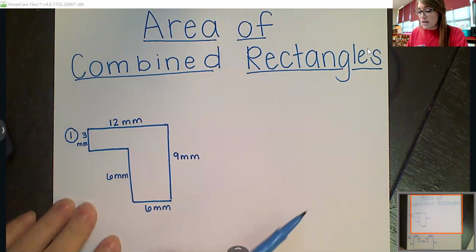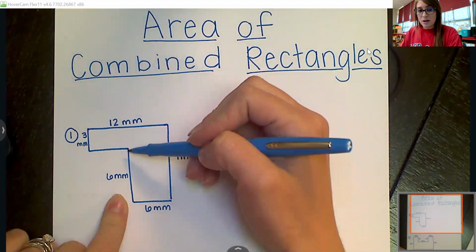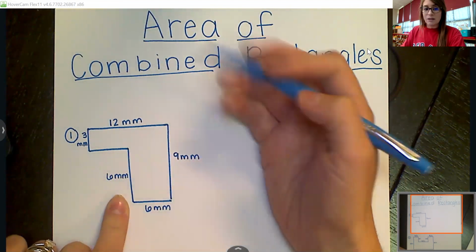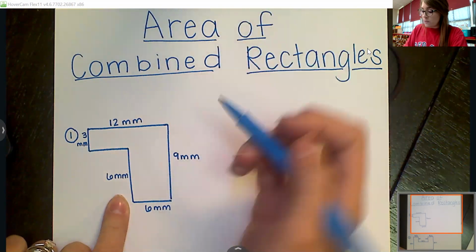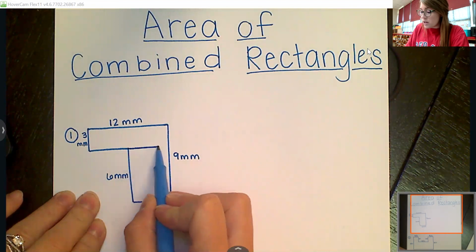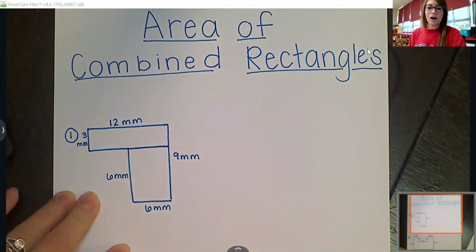So what I'm going to do is there's a couple different ways we could divide this. We could divide it here, make that a smaller rectangle, but I'm actually going to divide it here, just like this. Okay. All right.